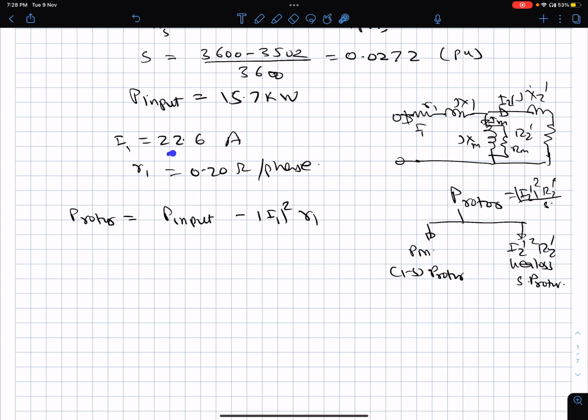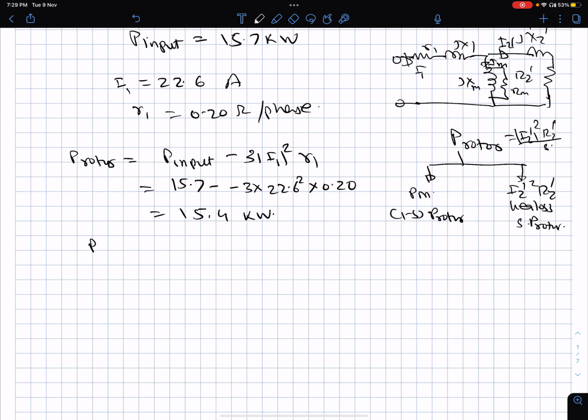The current is known, so I1 squared is known. Only thing is, since this is per phase, we should take 3 times of it. So 15.7 minus 3 into 22.6 squared into 0.20, which will come out to be 15.4 kilowatt.